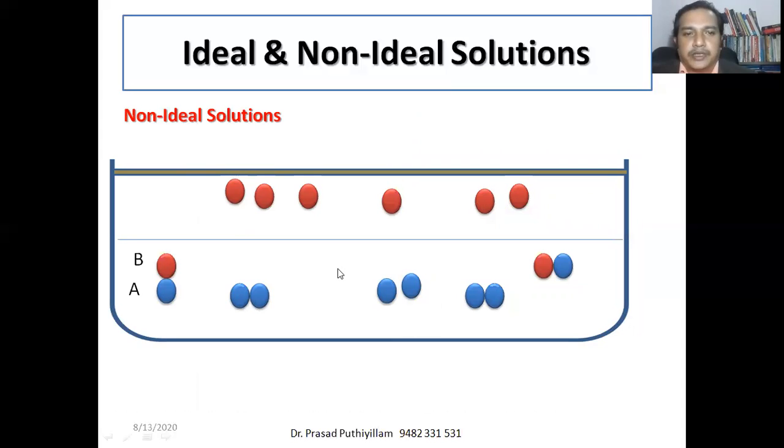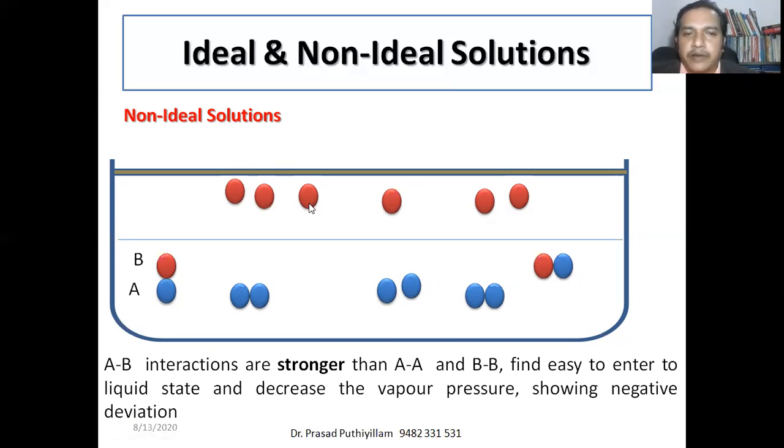Next type of explanation: here A and B type molecules are there. The solvent molecule is A and B is the solute molecule. In a closed container, there will be a liquid layer as well as gaseous molecules of B. Gaseous molecules means they are vaporized, so they are volatile liquids. Here AB interactions are stronger than AA or BB. That means these molecules from the vaporized or gaseous state try to be in a combined state.